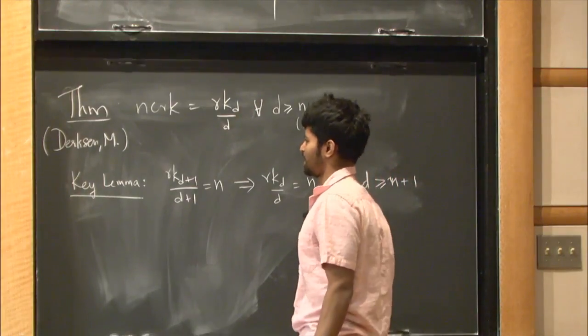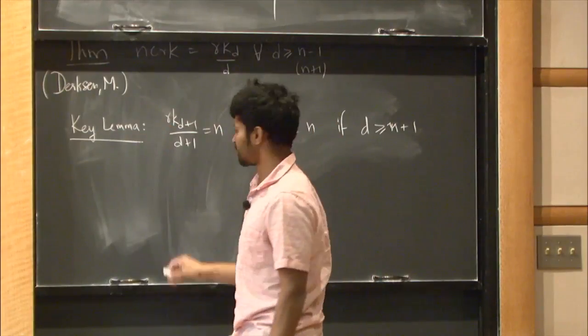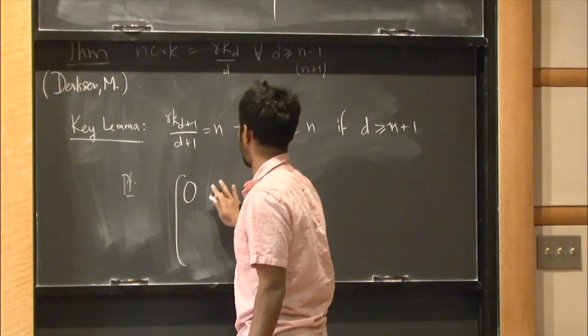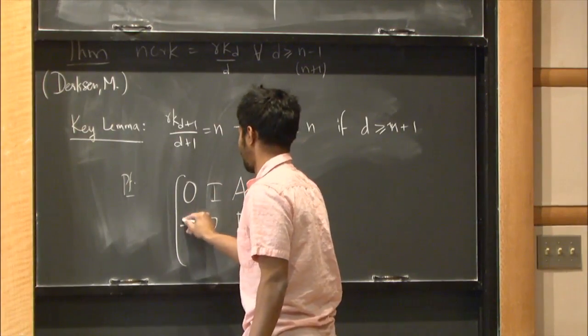Let's see. I will do it in this case, and I will give it to you in numbers. So let's say you had some d plus 1 by d plus 1 matrices so that this is invertible.